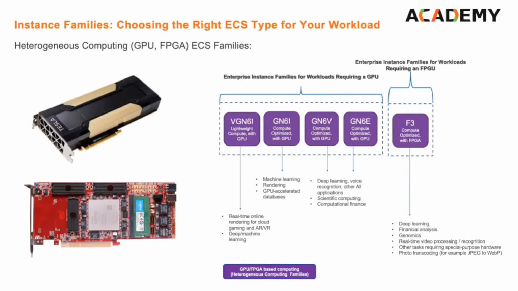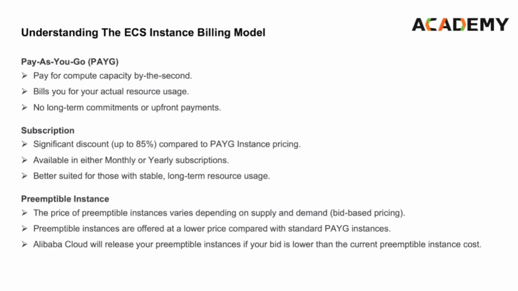For example, some JPEG to other format conversion. Like if you want to process a huge data picture to another better resolution or something like that, we need the FPGA.